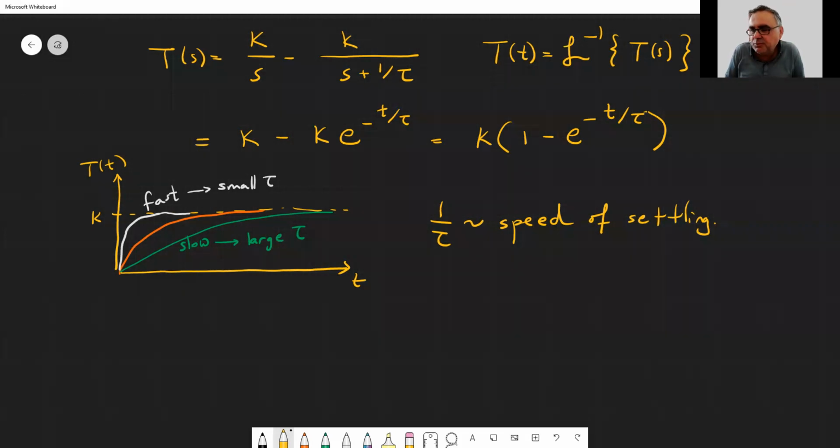For example, if you have a thermometer, the thermometer usually is a very small object, so it has a small time constant, and it measures the temperature.